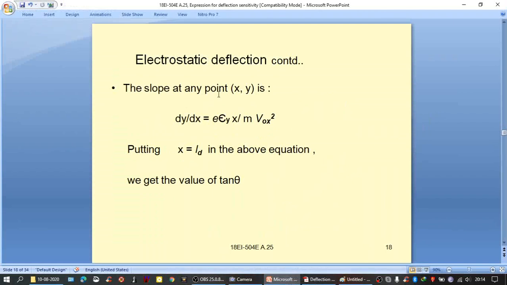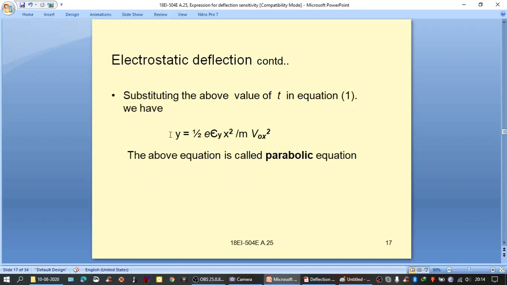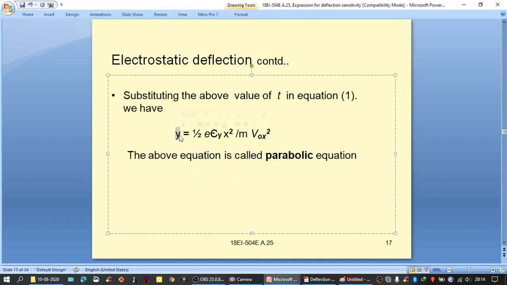So here, the slope at any point x, y is given by the equation for the parabola, dy by dx, that is, this expression y differentiated with respect to x. Now if you see on the right hand side, except for x square, all the remaining terms are constant.